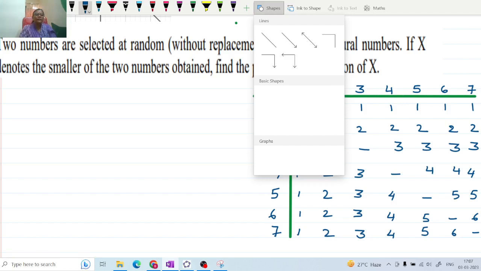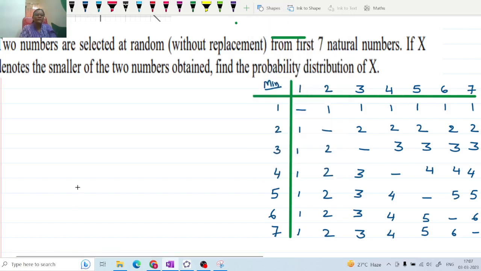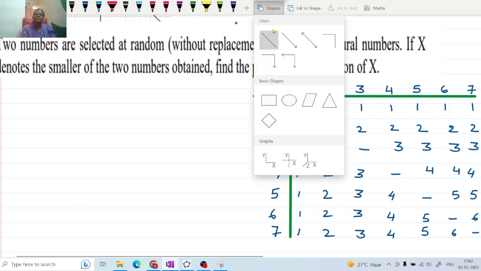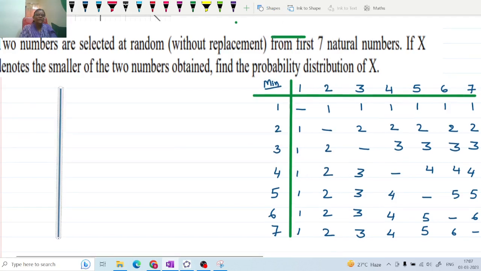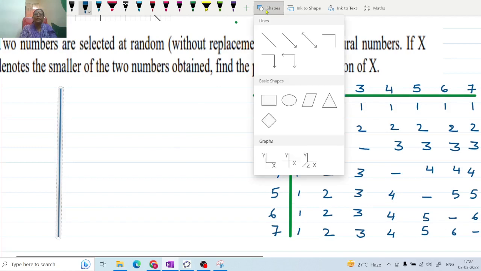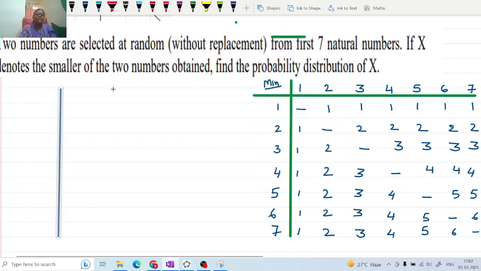The first column represents X, the second column represents its probability.